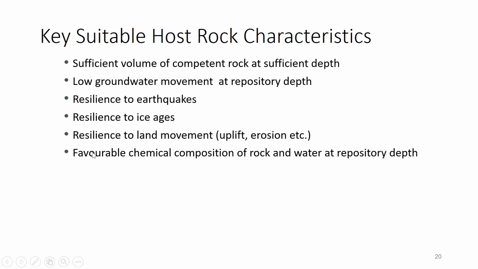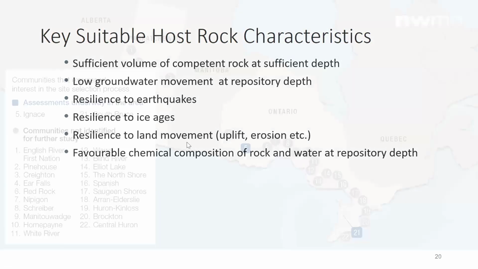Resilience to land movement, uplift, and erosion. And then finally, favorable chemical composition of the rock at the repository depth. This one's a little bit trickier in terms of what that means, but we'll talk a little bit about some of the different groundwater concentrations that you would find under our own DGR locations that we're looking at.